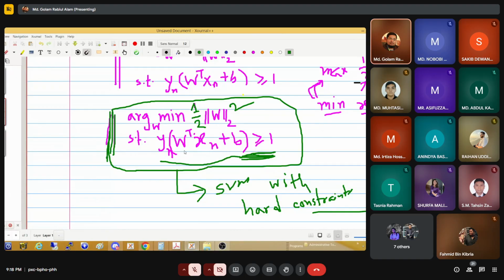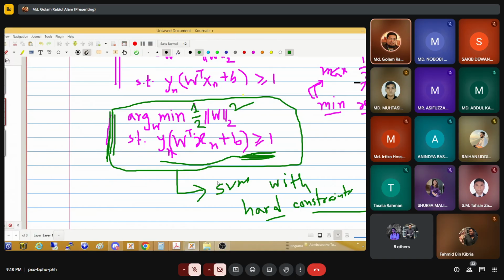We can say this one always must be greater than or equal to 1. It means always we want the correct result. So that's why it is called the hard constraints. No misclassification is allowed. Later we will see how we can develop the same problem using the soft constraint.